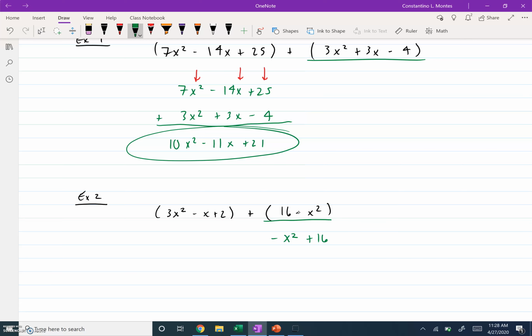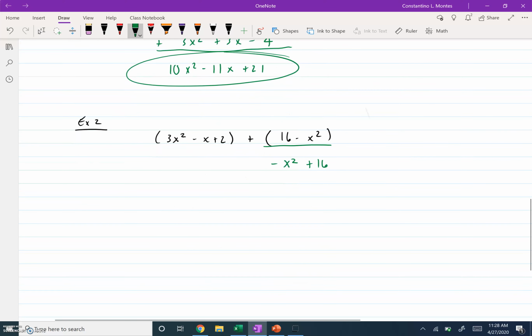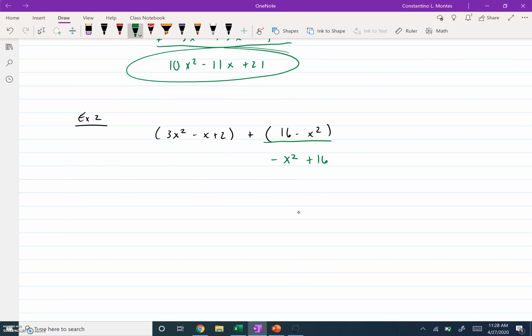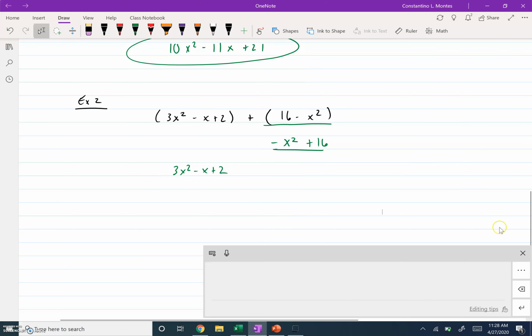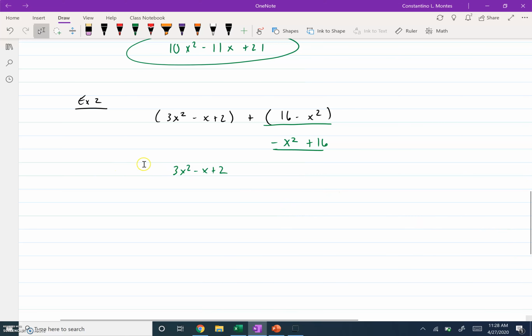I'm going to work it the same way as I did before. I'm going to stack the two polynomials on top of each other. Let's do a 3x squared minus x plus 2. And I'm going to stack this underneath it, except I'm going to be very careful about how I do that. I got my x squared terms here first. So I'm going to take this negative x squared and put it right here.